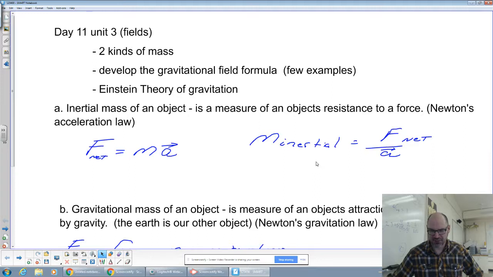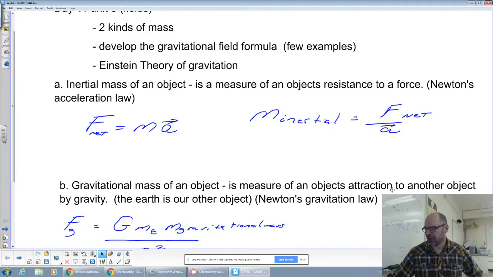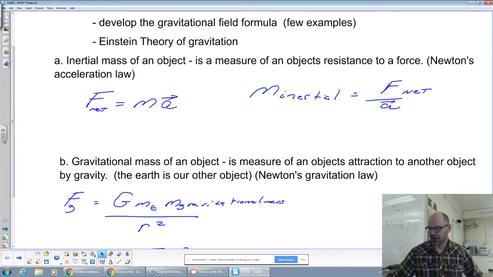When we talk about something's gravitational mass, we're basically talking about its weight, for lack of a better word. It is a measure of the object's attraction to another object by gravity. The Earth is our other object because we're so close to the big mass of Earth. This comes from Newton's gravitational law.